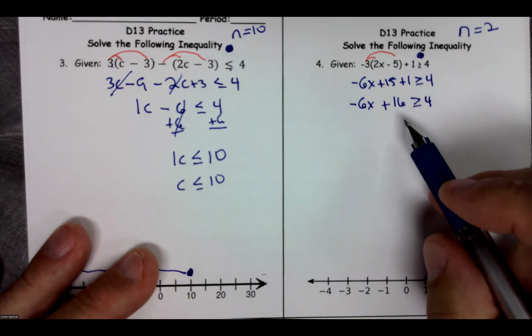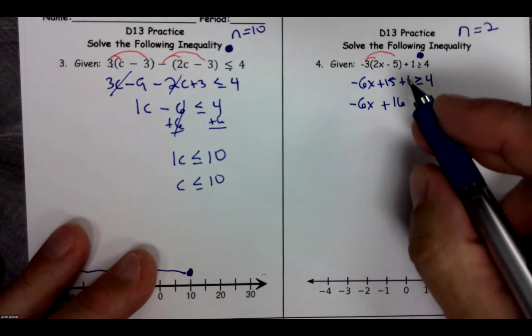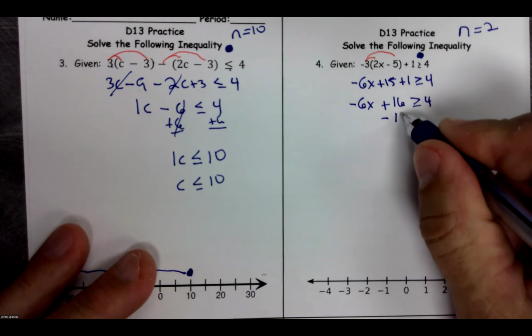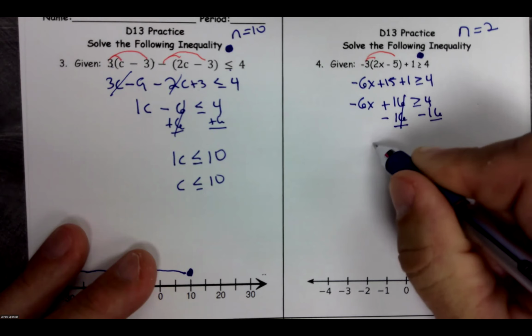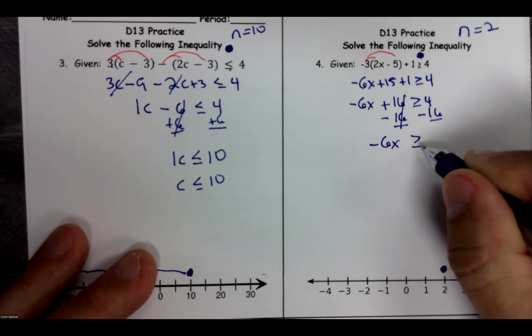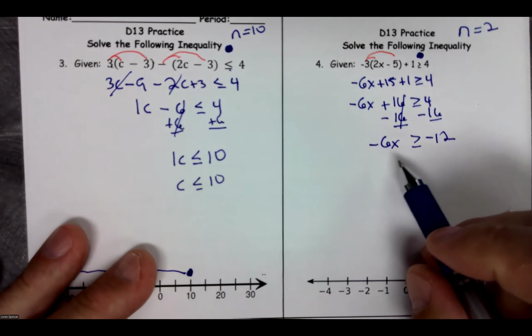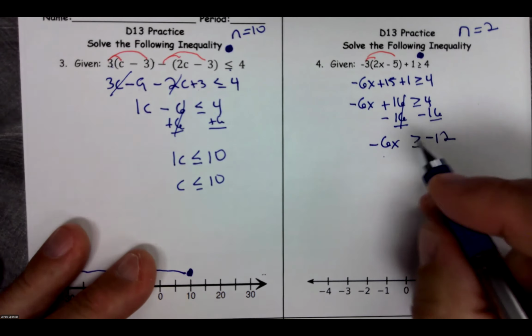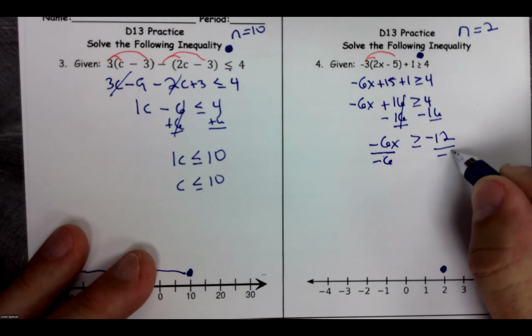Now I don't have any variables to move because I only have variables on one side. So I need to move my constant. So this is going to be a minus 16. Now I'm subtracting, and when you subtract, you don't flip the sign. You only flip when you're multiplying or dividing by a negative. All right, now I'm about to divide by a negative, so be careful.